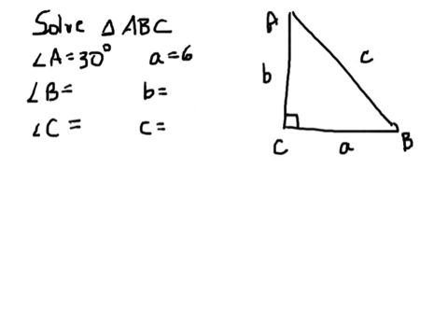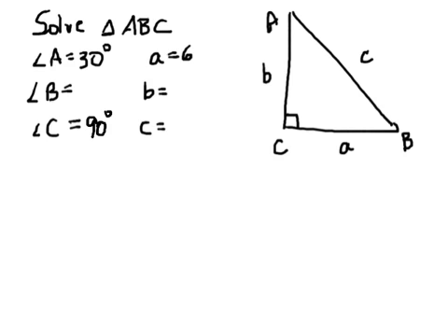Okay, so to solve the triangle, when we say solve the triangle, that means identify all 6 parts, all 3 sides, all 3 angles. Now, this is a right triangle, so the first easiest thing to do is fill in that angle C is 90 degrees.